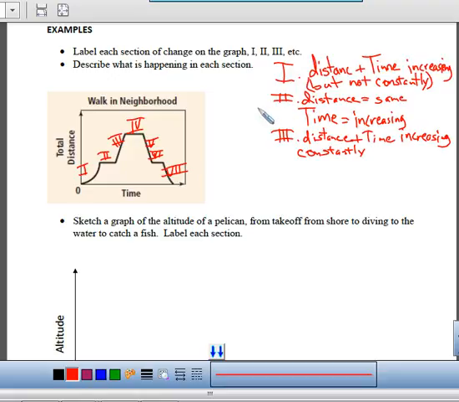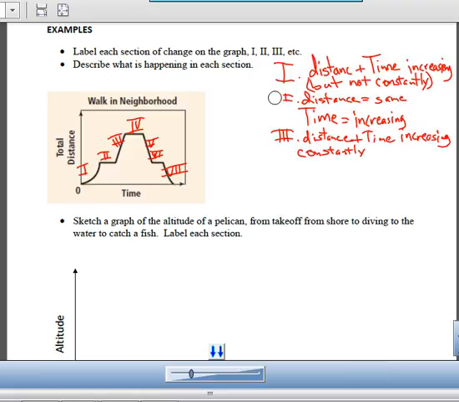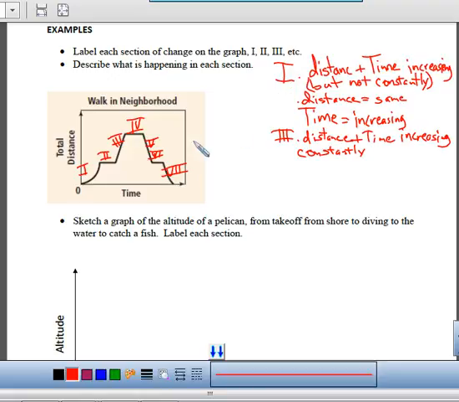Section 4 is the same as section 2. So I'm actually going to amend this right here. If I look at the graph, section 2, 4, and 6, are all distance is the same, time is increasing, so in other words, the person is stopped.